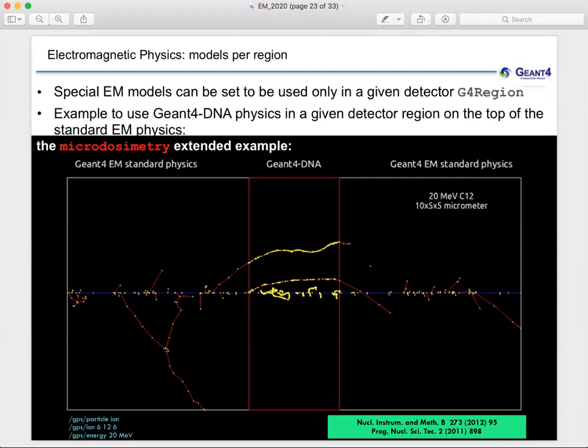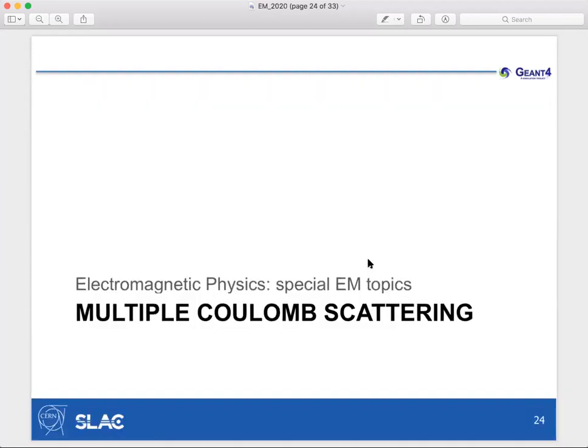You see that on the two sides, left and right, there are fewer interaction points. We are making longer steps because we are using condensed history simulation, while in the middle, where, I don't know, that is where the human body is, in a lab, there is a much more detailed simulation of the interactions. So you can combine nicely the two worlds.